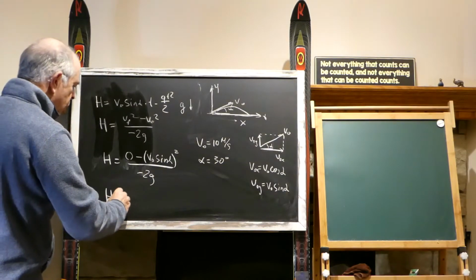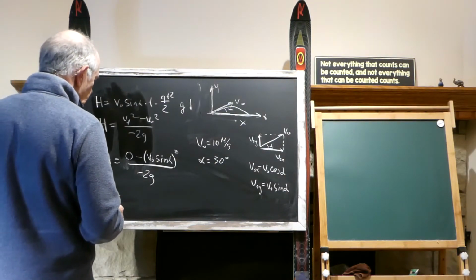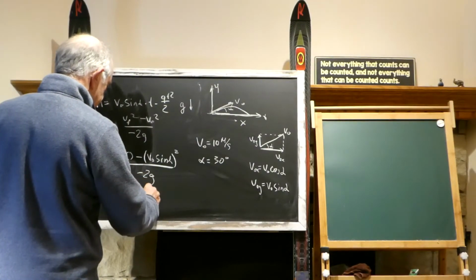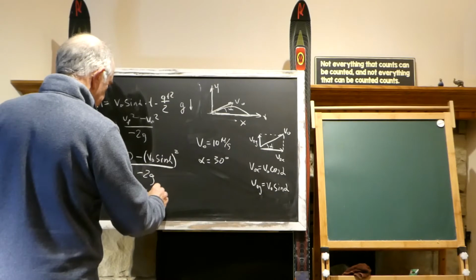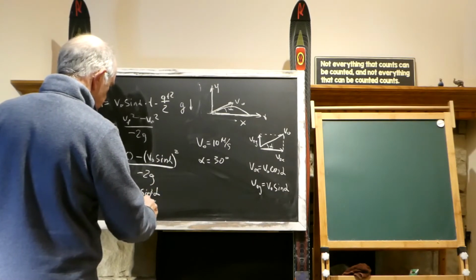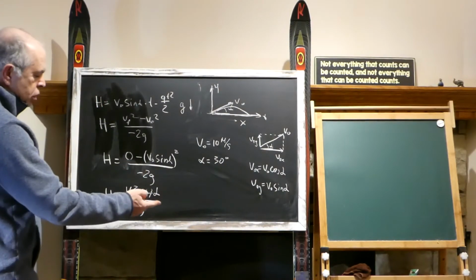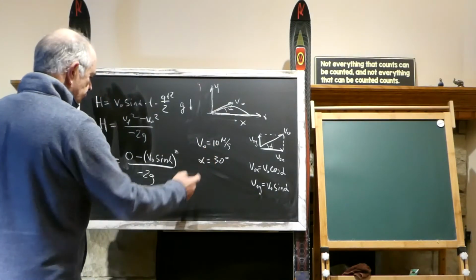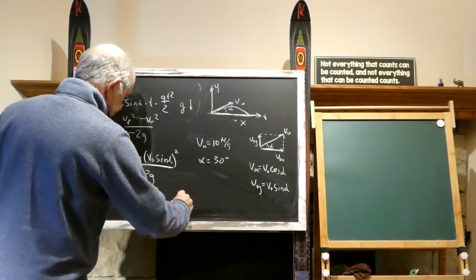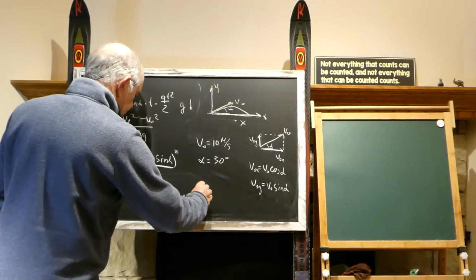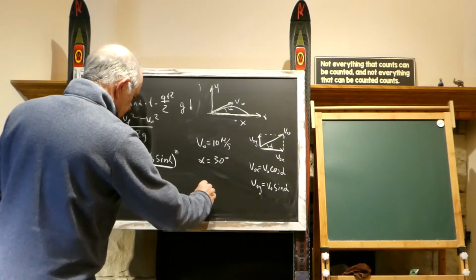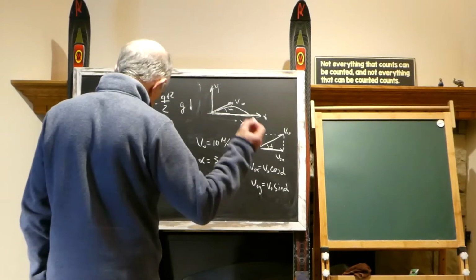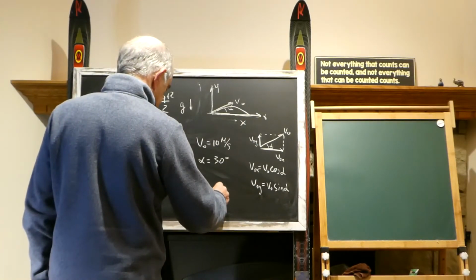And h equals v0 squared sine squared alpha divided by 2g. Minus and minus gone, 2g is known, and so now everything is known. v0 was 10, alpha is 30. So h equals 10 multiplied by 10, which is 10 squared. Sine of 30 is 1/2. You can check on a calculator, but I know that it is 1/2.